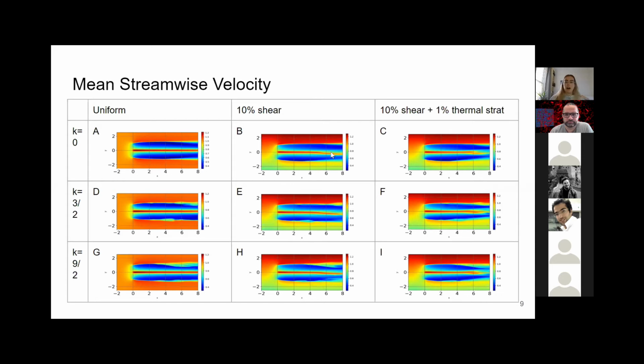This correlates with the fact that we had the radius growing along the bottom and smaller along the top. And with our thermal stratification, we have the wake compressing slightly and the center line readjusting due to this thermal stratification.